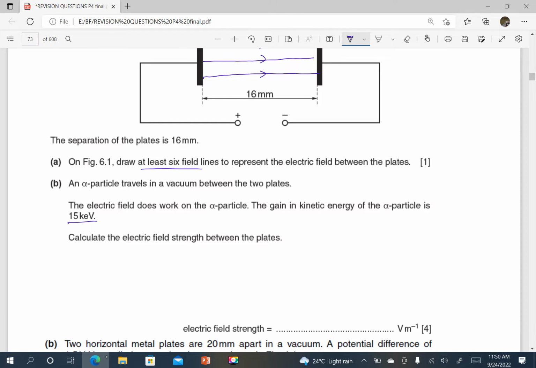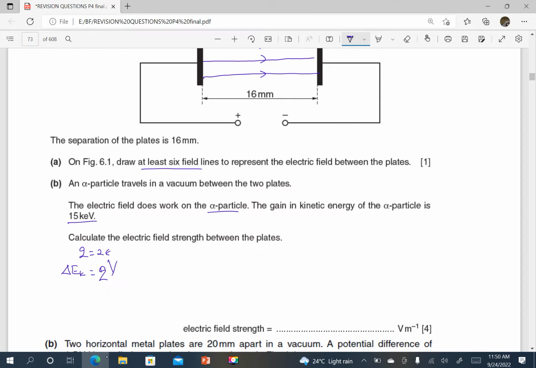So first of all, the particle is an alpha particle whose charge is 2e. That's number one. Number two, we know that the gain in kinetic energy is equal to the charge times accelerating PD. That's number two. And remember that the charge is 2e.